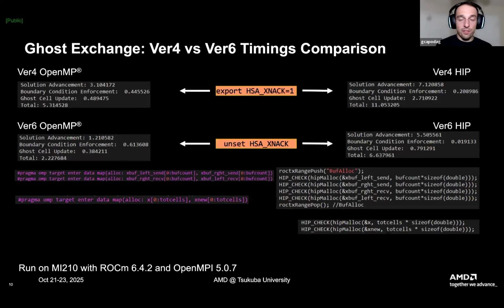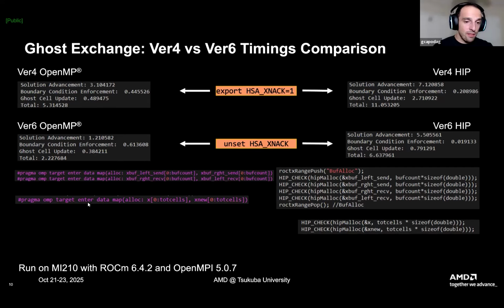And then we're comparing version 4, which is the one that we just discussed, with version 6, where we are doing the memory management explicitly. So we're not leveraging the unified shared memory anymore. So we can actually unset HSA_XNACK and see that for OpenMP, as you now know, you're going to find a few of these target enter data for the device data management.